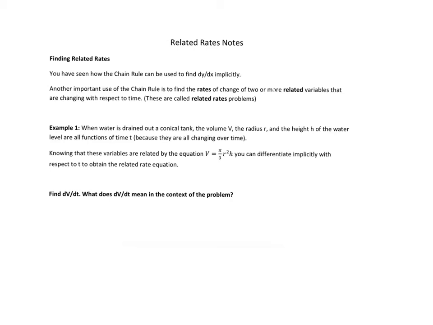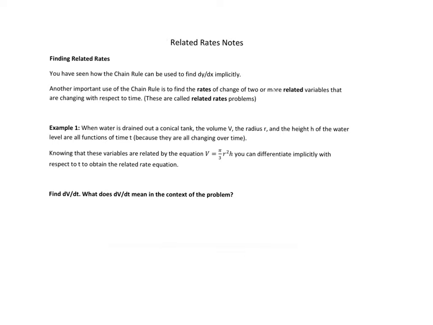We've been using implicit differentiation, and well, implicit differentiation itself doesn't have a huge number of specific applications. What we're going to learn today, which is related to implicit differentiation, is very important and very useful. It's called related rates.